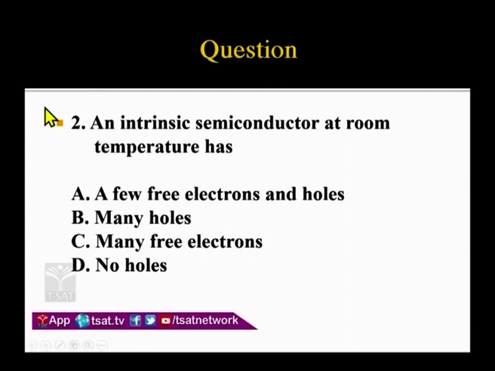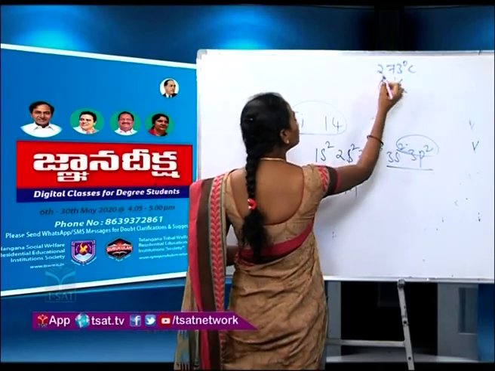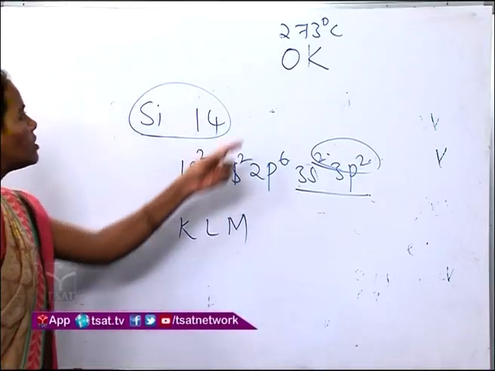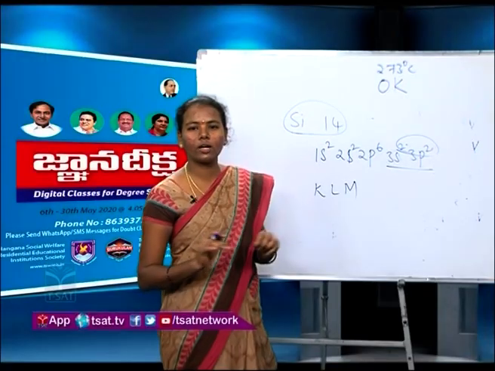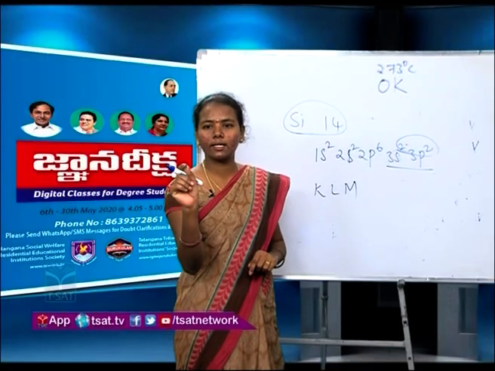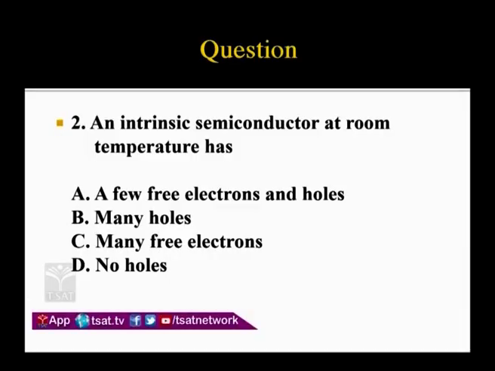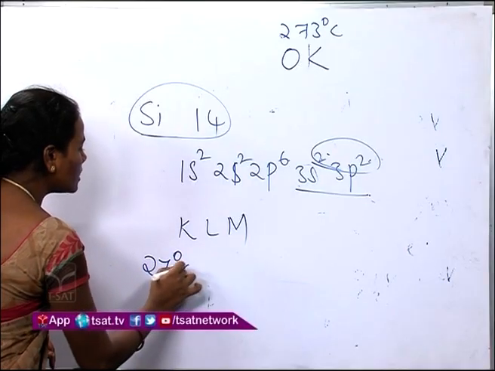Next: an intrinsic semiconductor at room temperature has. Intrinsic means a pure semiconductor. We have discussed that at absolute zero temperature, there are no free electrons and holes in a semiconductor. But in the question they have asked about room temperature, which is about 27 degrees centigrade.